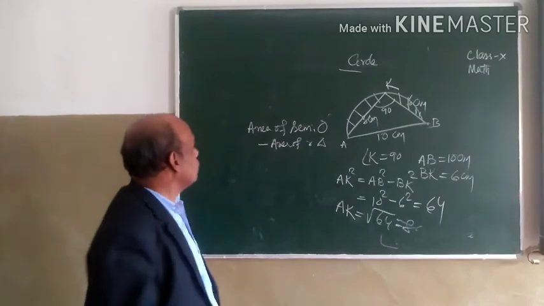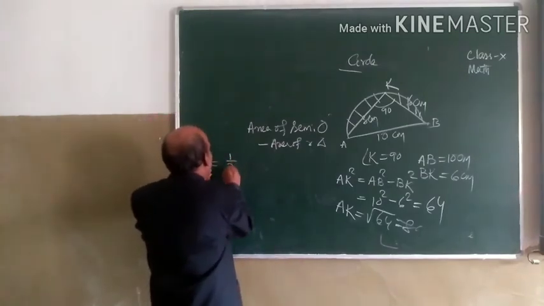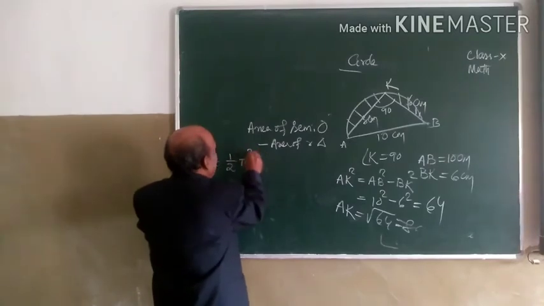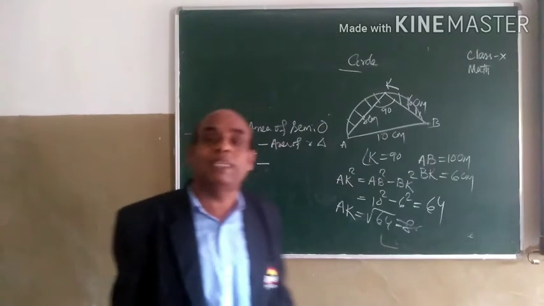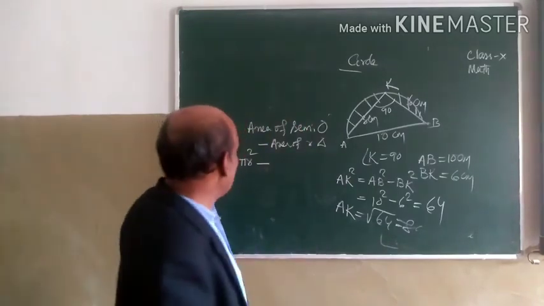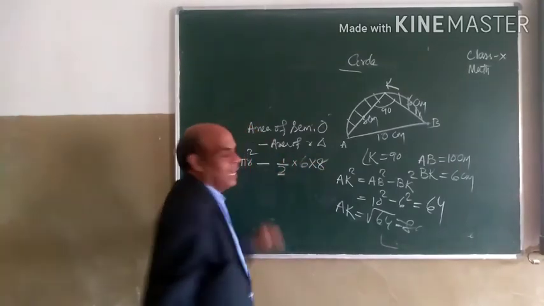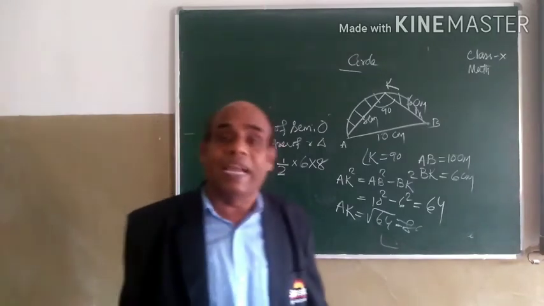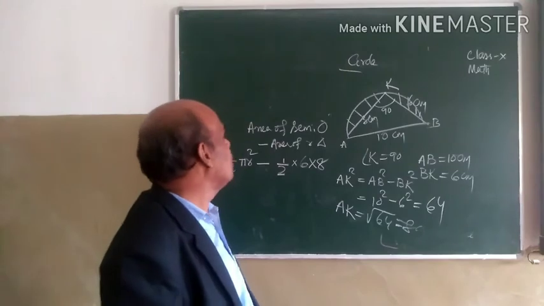Now to write the formula, the area of the semicircle will be half pi r square, and the area of the triangle, since it is a right angled triangle, will be half into base into height. Suppose 6 into 8. Anyone will take base and height except the hypotenuse. So half into 6 into 8.